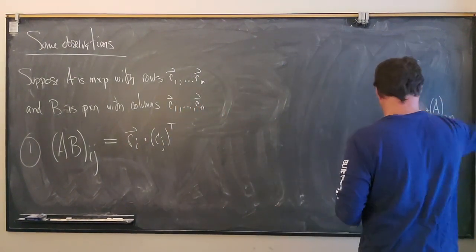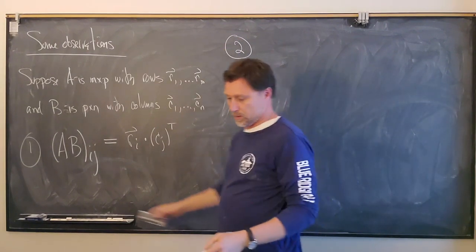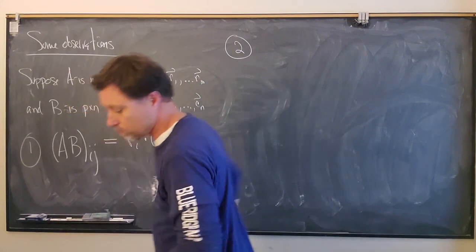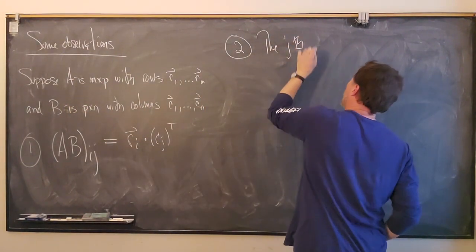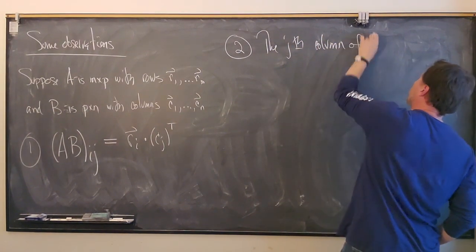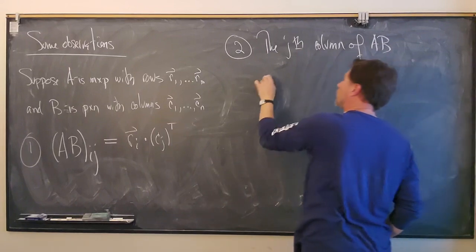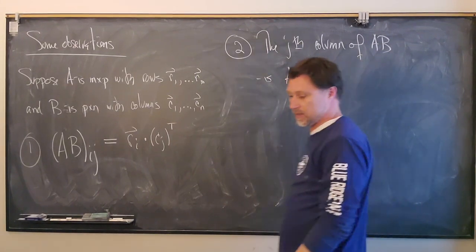And two more facts. The next one: the jth column of AB is A times C sub j.